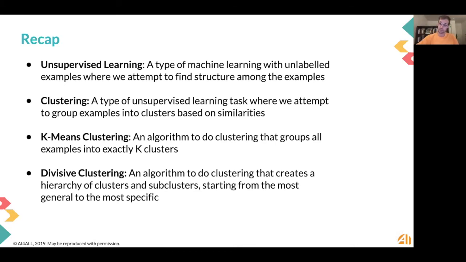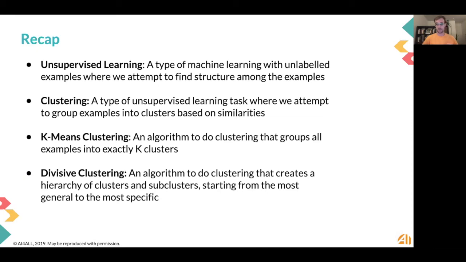And then we looked at one particular algorithm to do that, called k-means clustering, where you specify a certain number of clusters you want, and then iteratively alternate between moving cluster centroids around and assigning points to those centroids, and then reassigning the centroids and so on. And then we talked about another kind of structure that you might want to discover, where you don't just want to partition your examples into a discrete set of clusters, but you actually want hierarchical structure.